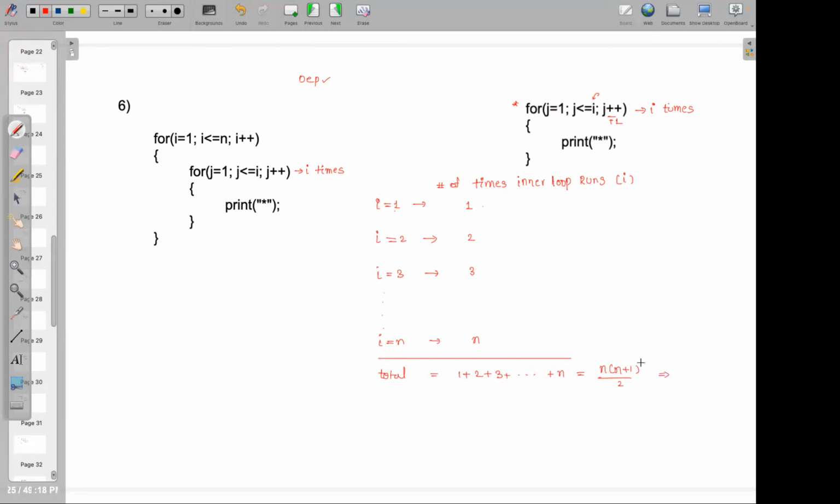See, the highest degree term, that is n square. Therefore, this is order of n square. Very simple. Just the analysis, that's it. Understood? Over, friends. That answer is order of n square. I think you might not believe the solution is over.